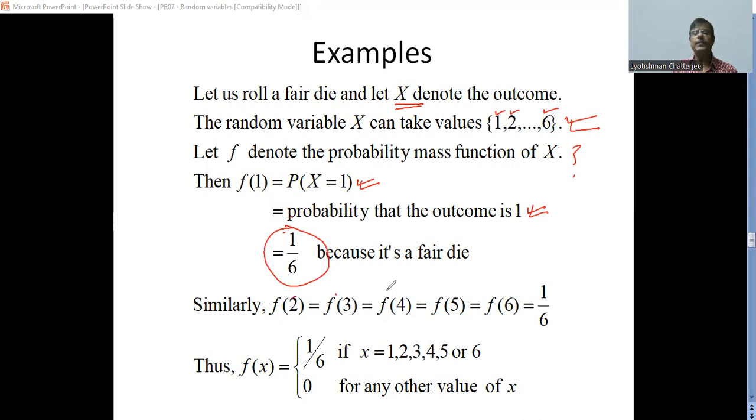Similarly, f2, f3, f4, f5, and f6, these are all equal to 1 by 6. And when we write them compactly in the form of a function, it looks like this: f of x equal to 1 upon 6 for the x values equal to 1, 2, 3, 4, 5, 6 and equal to 0 for any other value of x.